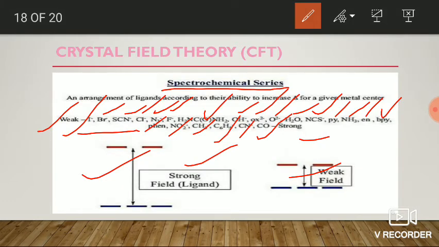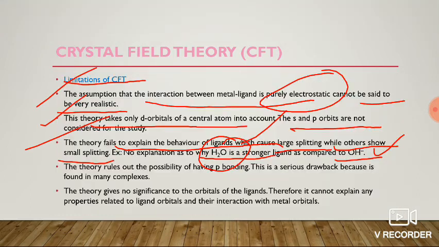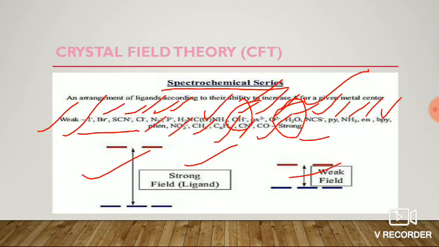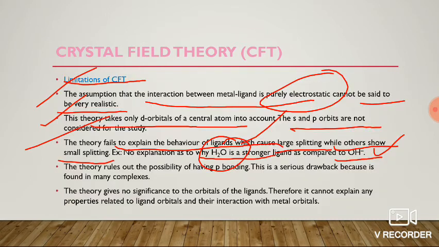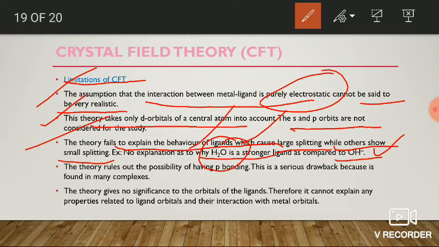If you observe the order, H2O is stronger field than hydroxide according to the spectrochemical series. So this is not explained by the CFT theory. Even though H2O is a neutral molecule, its field strength is more than the strong hydroxide ion.